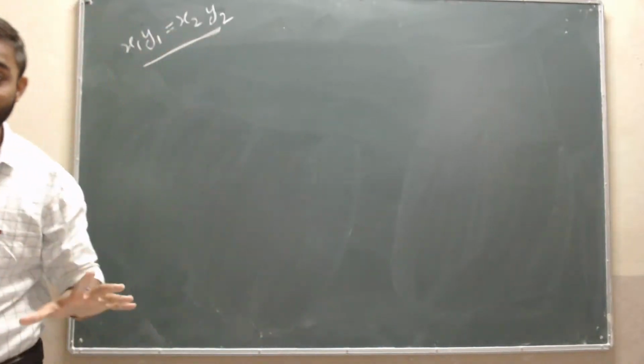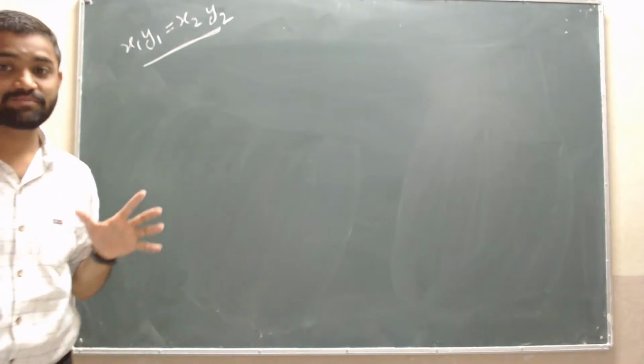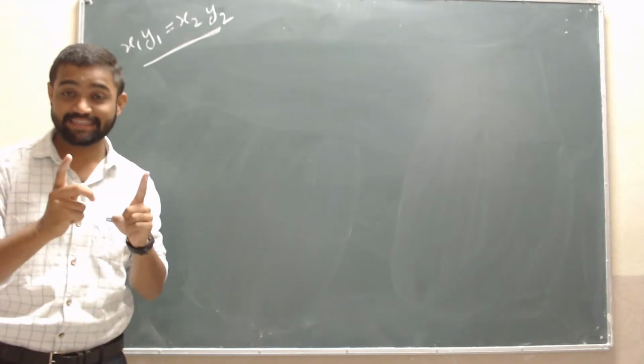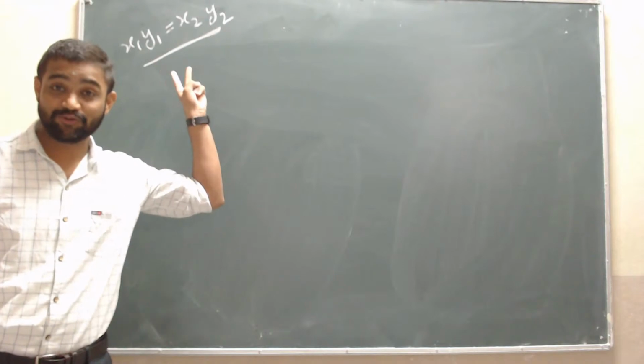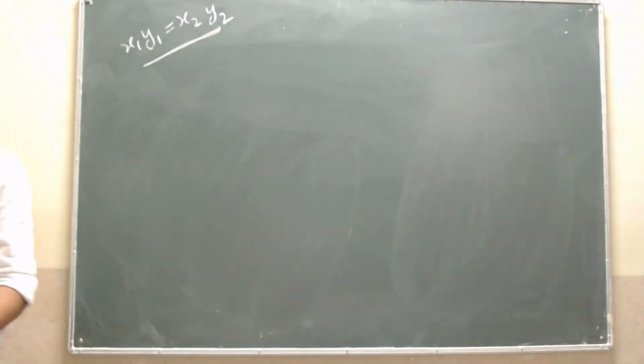Yes, 480 is equal to 480. Very good, Bharata and Rangaswamy, Vaishnavi and Padma and Margappa. That is x1 into y1 is equal to x2 into y2. Then the next problem.